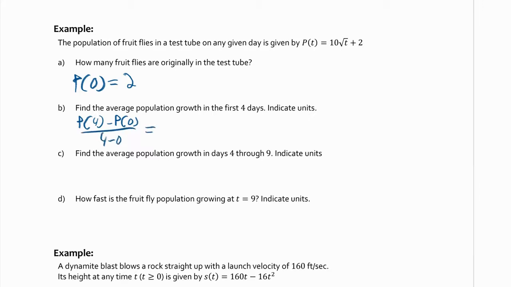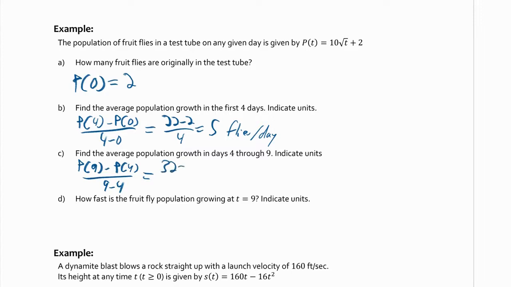So that is 22 minus 2 over 4, or 5 flies per day. On average, 5 flies per day. But then if I do days 4 to 9, I do p of 9 minus p of 4 over 9 minus 4, which is 32 minus 22 over 5, or 2 flies per day.